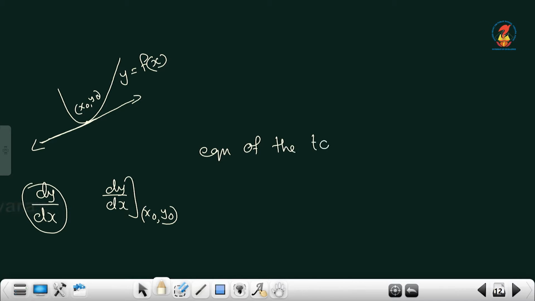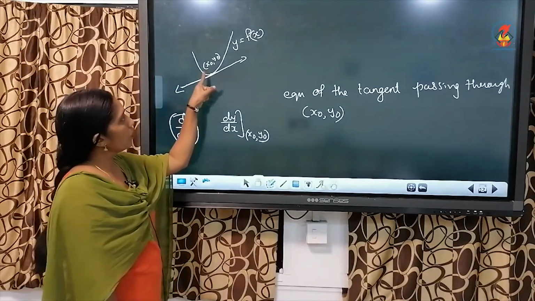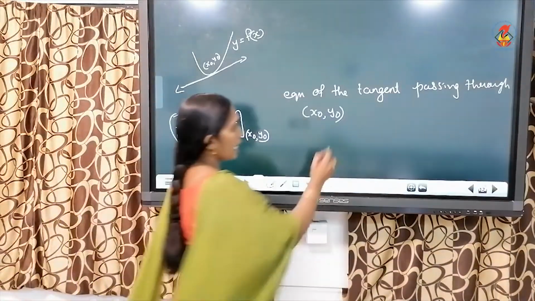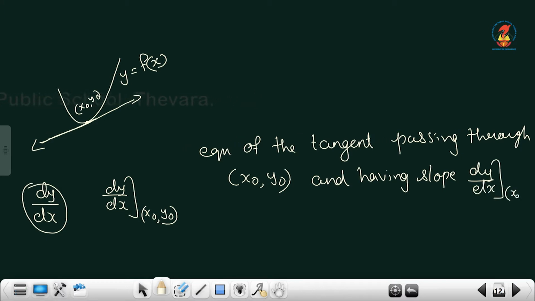Equation of the tangent passing through which point? Passing through (x0, y0). The tangent line is passing through (x0, y0) and having slope, the derivative dy by dx at the point, where you have to substitute (x0, y0).